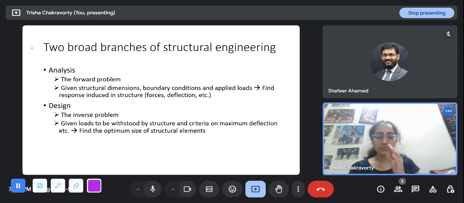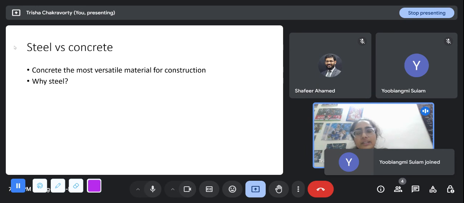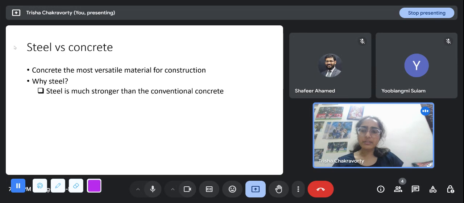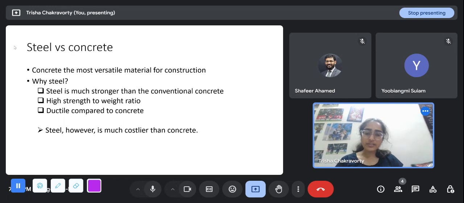Steel and concrete are the two most important materials used in design across the world, and you must already have looked at design of concrete structures last semester. So this semester you learn design of steel structures. Concrete is the most versatile material for construction, but we use steel even though it is much costlier than concrete, because it has some distinct advantages.